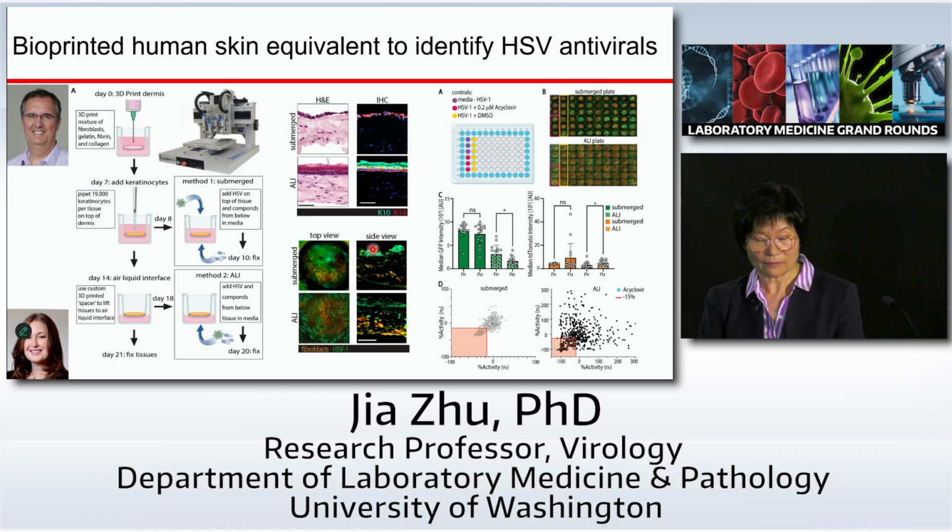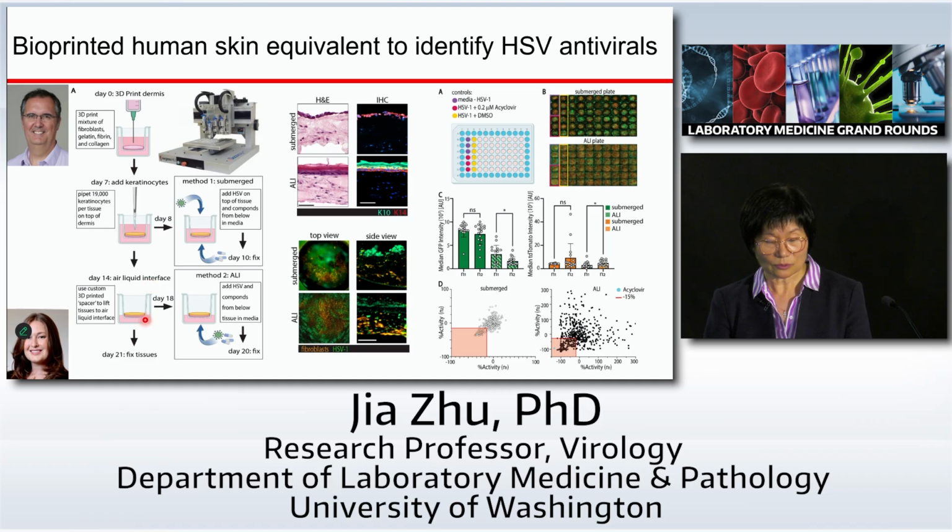We use two different infection models: the submerged model and what we call the ALI model. The submerged model has a single layer of basal keratinocytes, and the infection is through apical infection, which we want to mimic the primary infection.